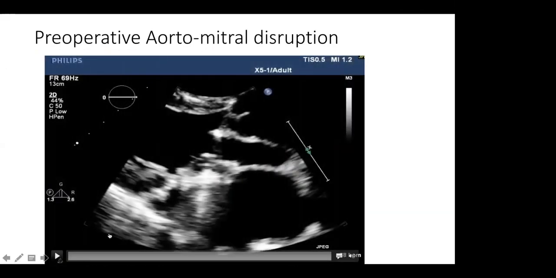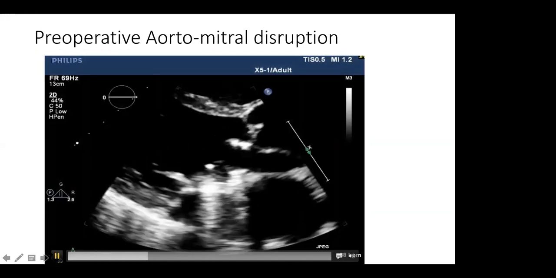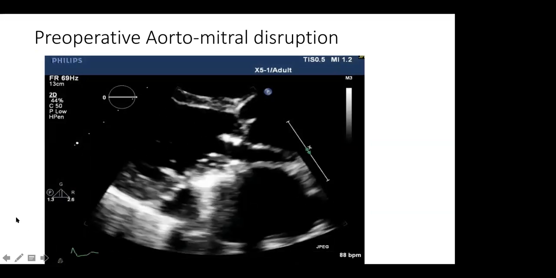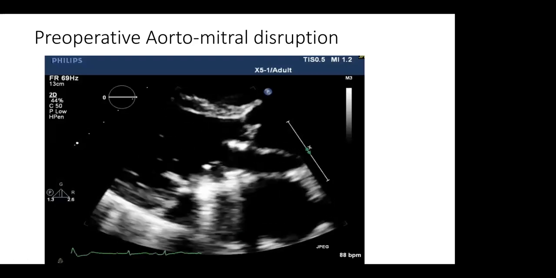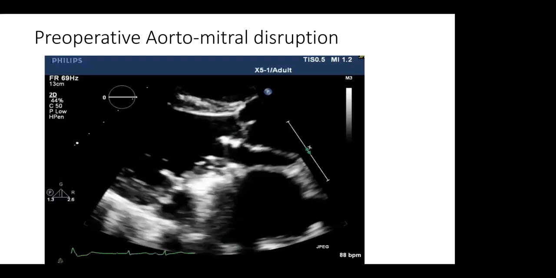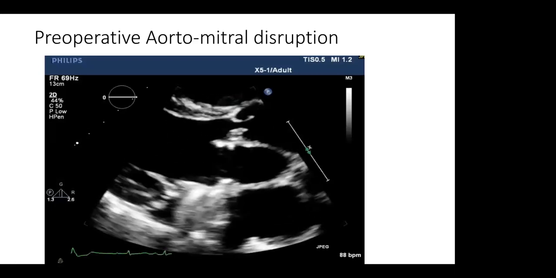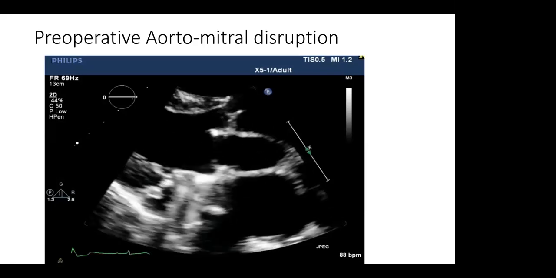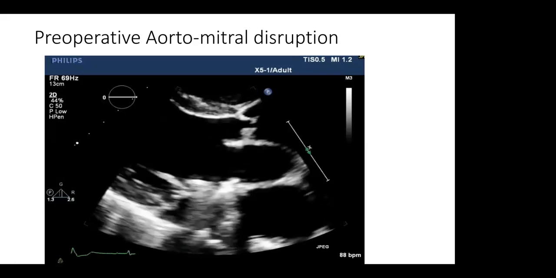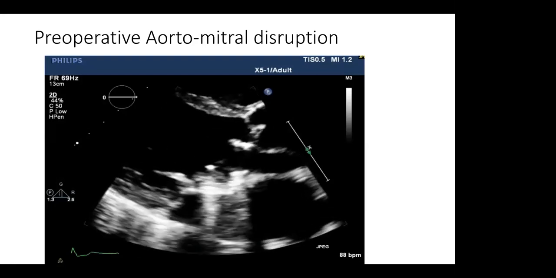Look at this video here. Okay. Yeah. When you remove this mitral prosthesis, you still have the annulus, but it is separated from the annulus of the aortic valve. So you have good tissue here, on which you just place a new prosthesis.